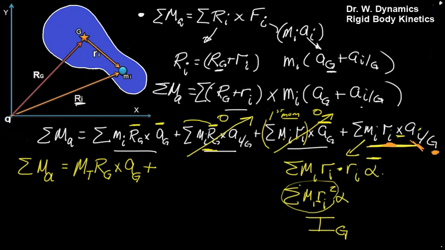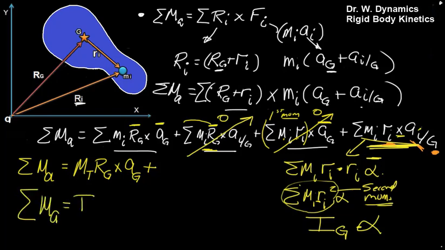And it's not 0 because it's mr squared, which by definition is the second moment. And we end up with IG alpha for this term here. So when all is said and done, this equation becomes the sum of the moments about A is equal to IG alpha plus MRG cross with AG.